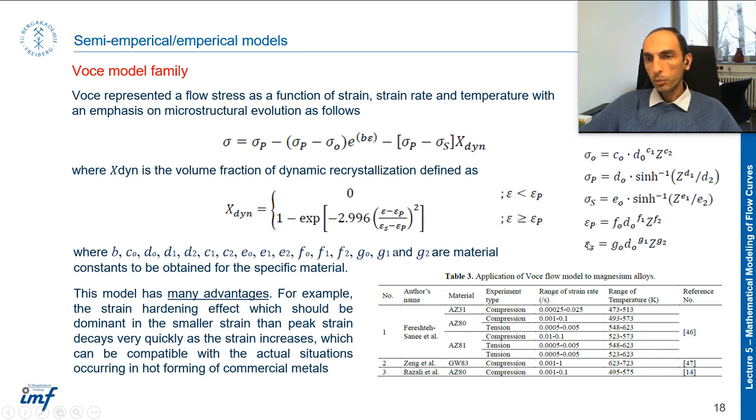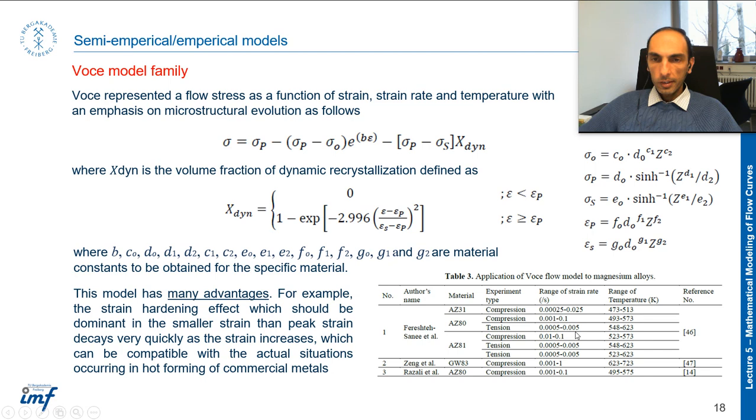If you substitute these values for epsilon s, epsilon p here and here, then the fraction of dynamic recrystallization becomes a very big equation with different terms, which is really flexible to model the flow behavior of material at high temperature especially.